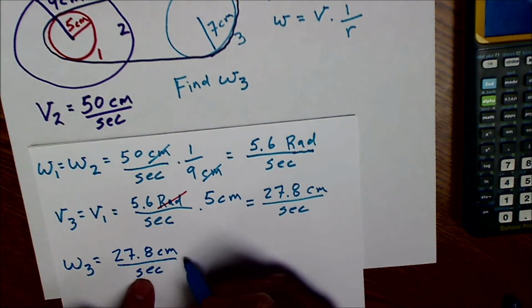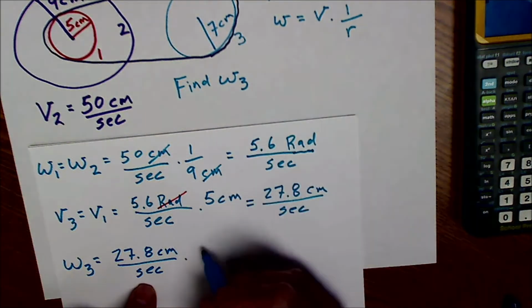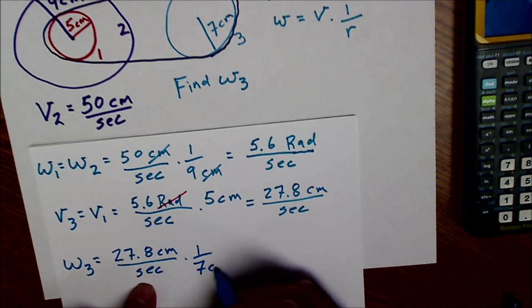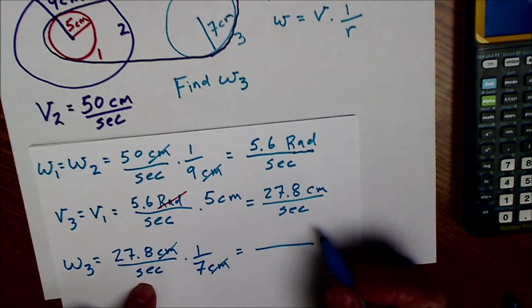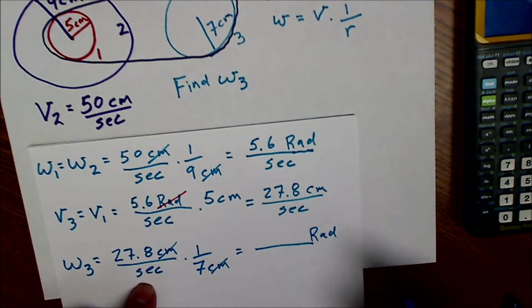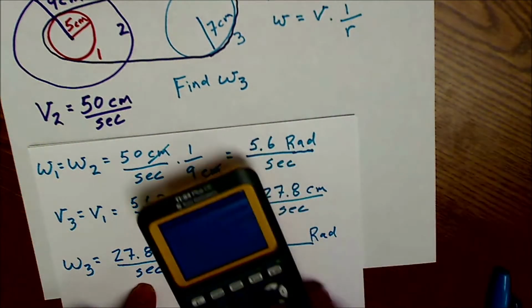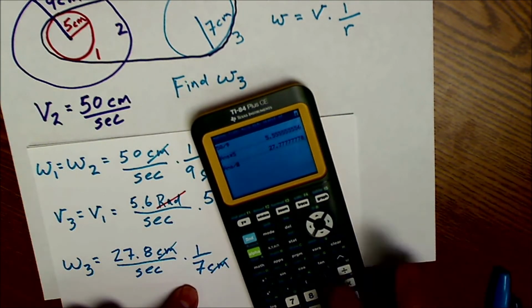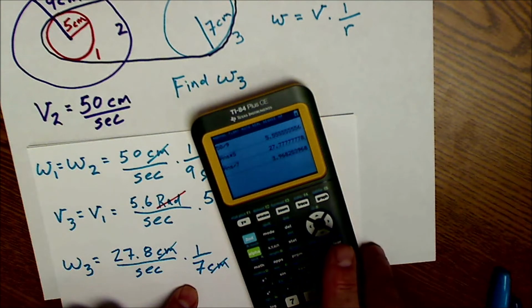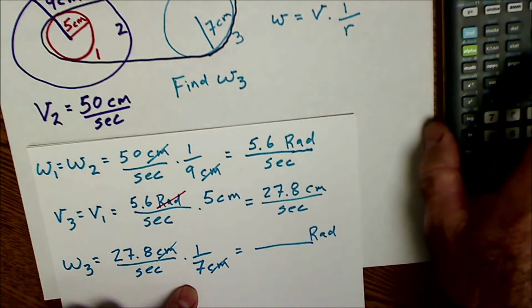Its linear velocity times 1 over its radius, 1 over 7 centimeters. Centimeters cancel. No units in the numerator, so it must be radians. Then I have that stored value on my calculator there, 27.777 divided by 7 gives me 3.97.